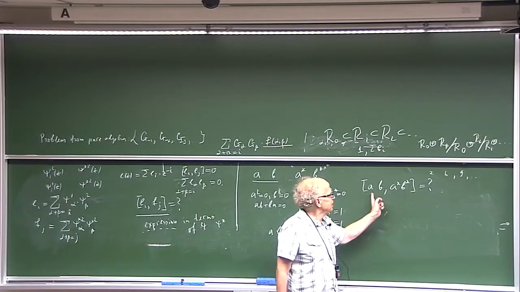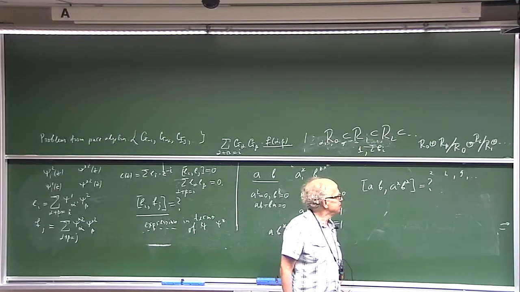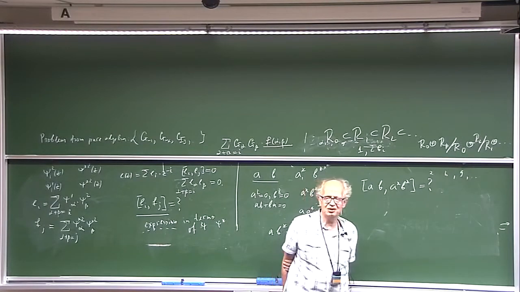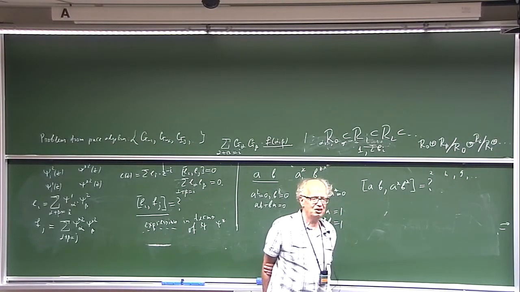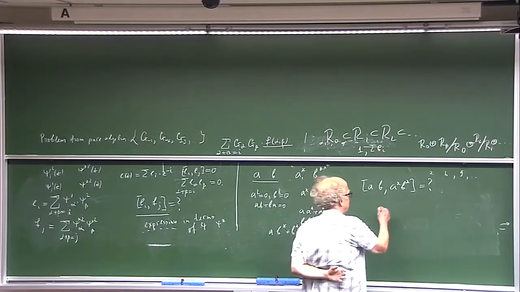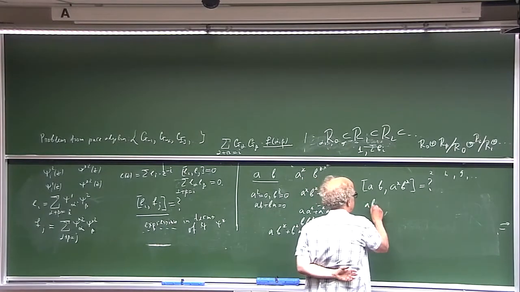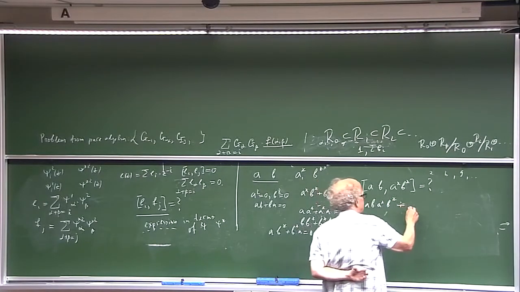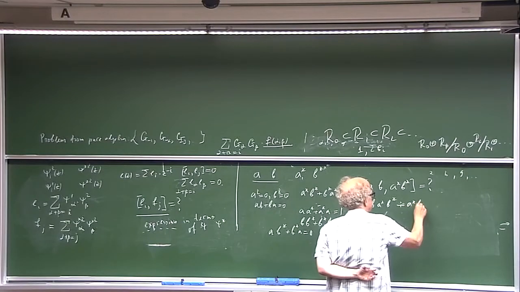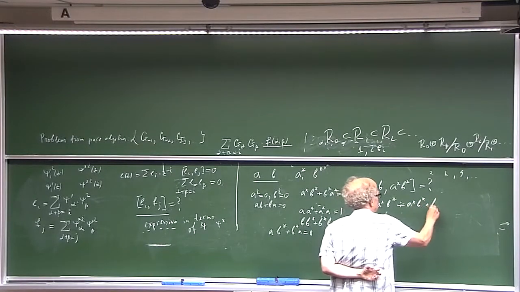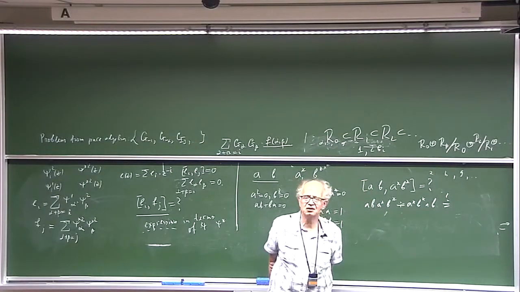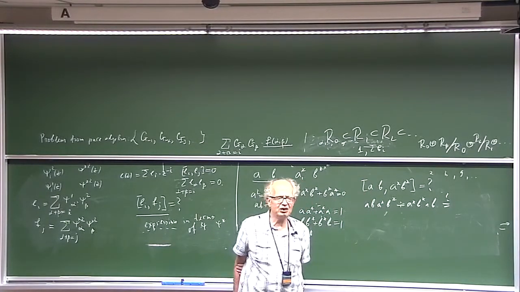So let us try to calculate, see what kind of calculation we have to do. So this is, by definition, a bracket, so it is like this. Maybe you try to do it right now.